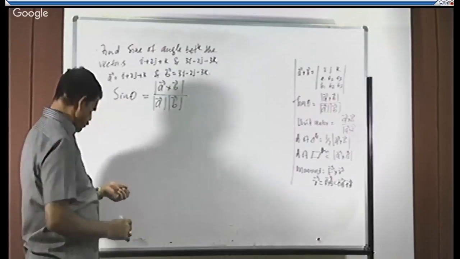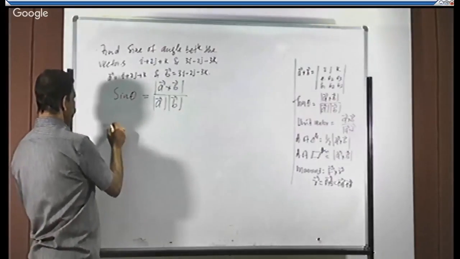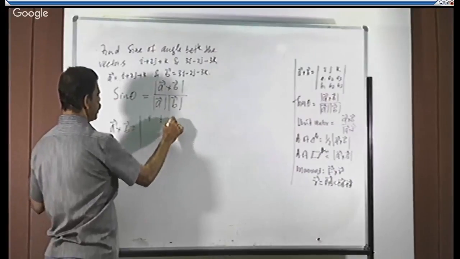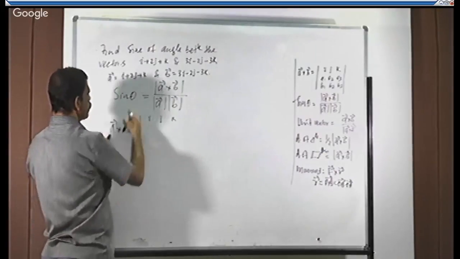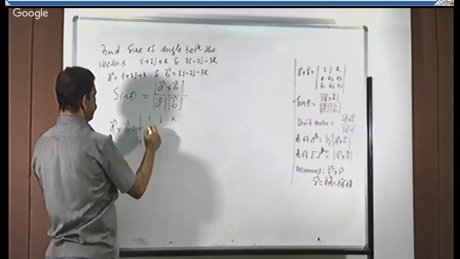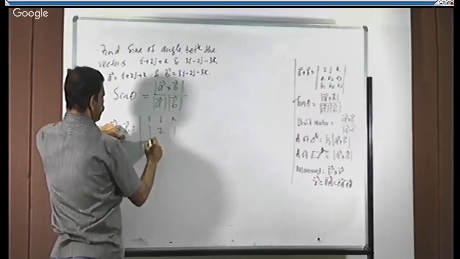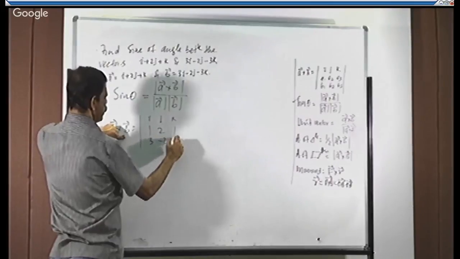Calculate 1 by 1. So A cross B is equal to i, j, k. A vector constants are what? 1, 2, 1. B vector constants are what? 3, minus 2, minus 3.